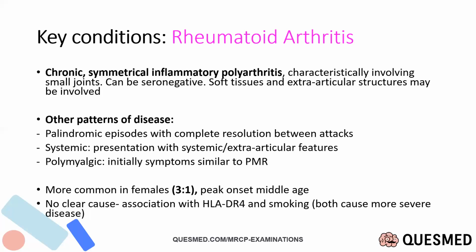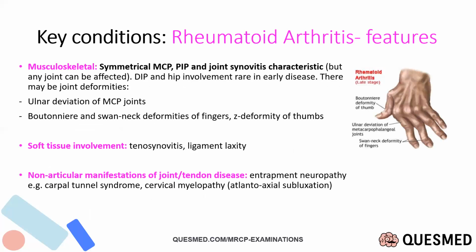Other patterns of disease, you can get palindromic episodes where in between the attacks, the patients are super well. You can also get a systemic presentation with lots of extra-articular features, organ involvement, things like ILD or eye involvement. You can also get a polymyalgic presentation where it may mimic PMR. It's more common in females, and there's an association with HLA-DR4 and smoking.